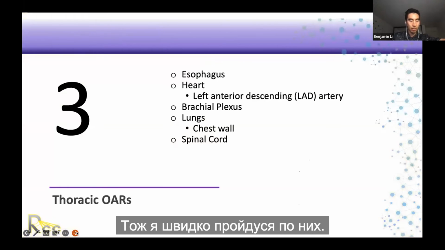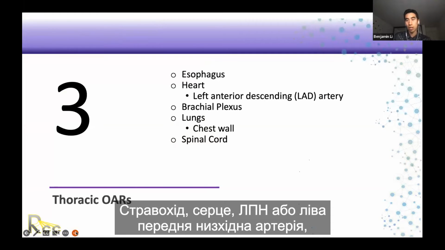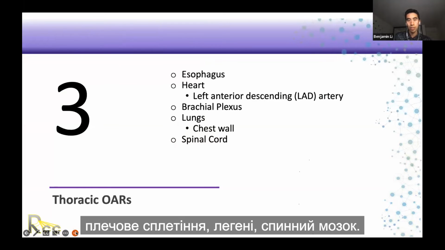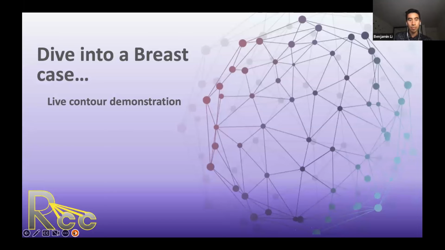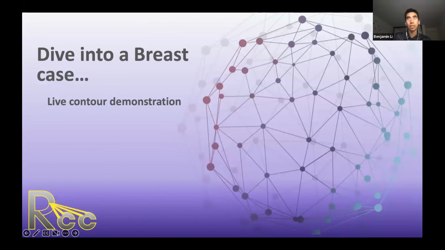Thoracic OARs, so I'm going to go through these quickly. There's the esophagus, the heart, the LAD or left anterior descending artery, brachial plexus, lungs, spinal cord. So if there's time, I will talk about each of those.